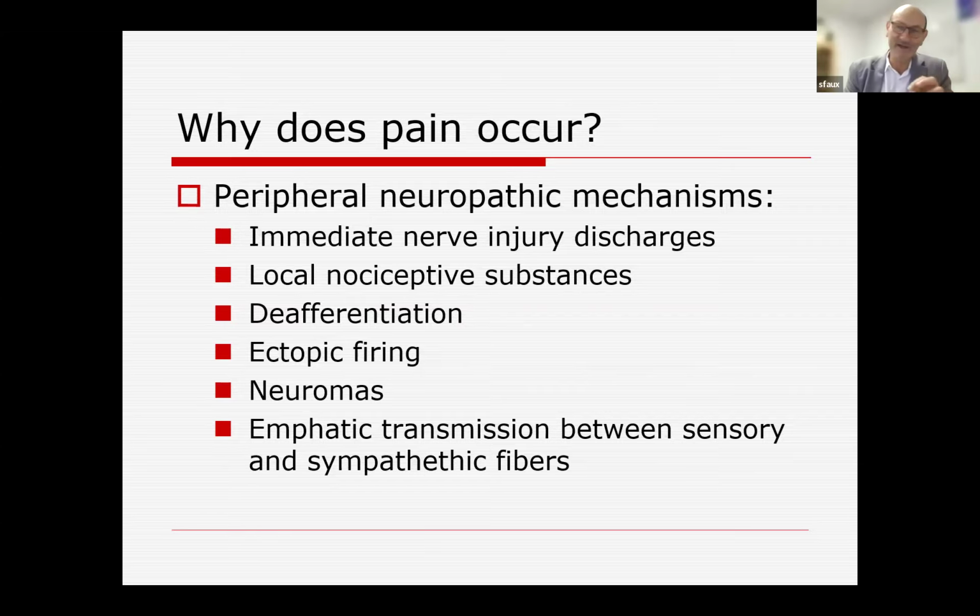Occasionally the end of the cut nerve forms into a neuroma, which can be very tender and cause irritation. And there are also some discharges between the sensory and sympathetic nerves that go backwards, back out to the periphery rather than up into the central cord.